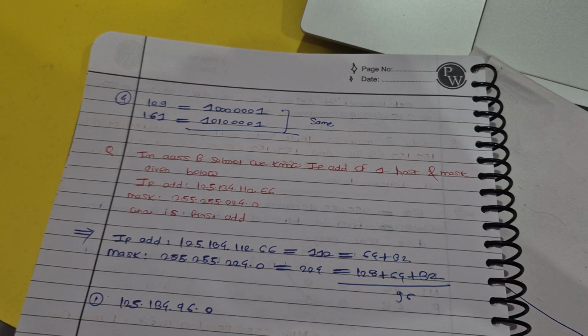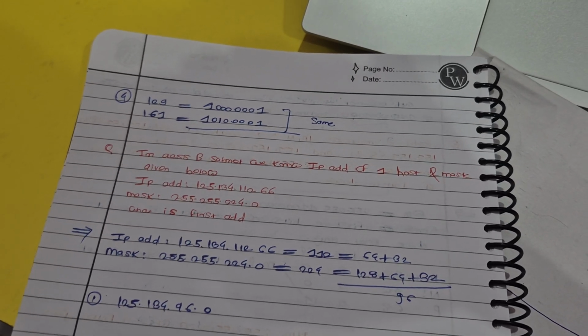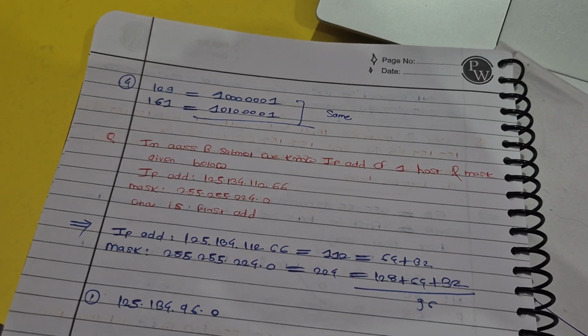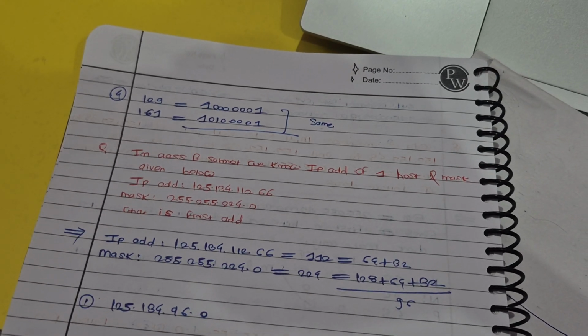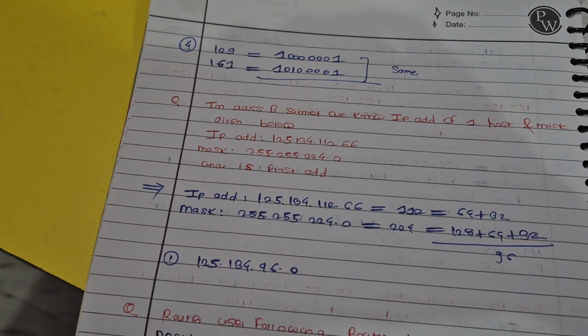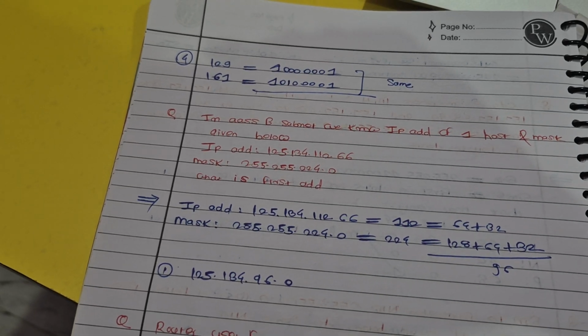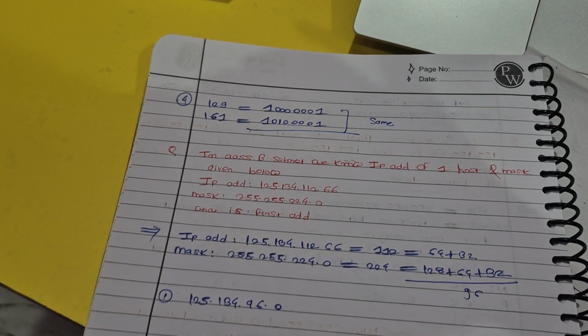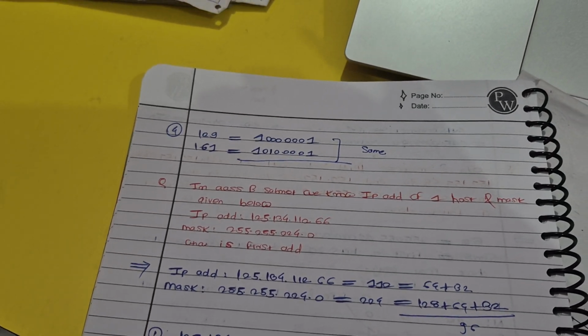So 64 and 32 are common, and if you add them it would be 96. So just take 64 and 32 and add them. That's the trick here, instead of doing the traditional bitwise AND. You will get the final 125.134.96 and .0. That's the first IP address.